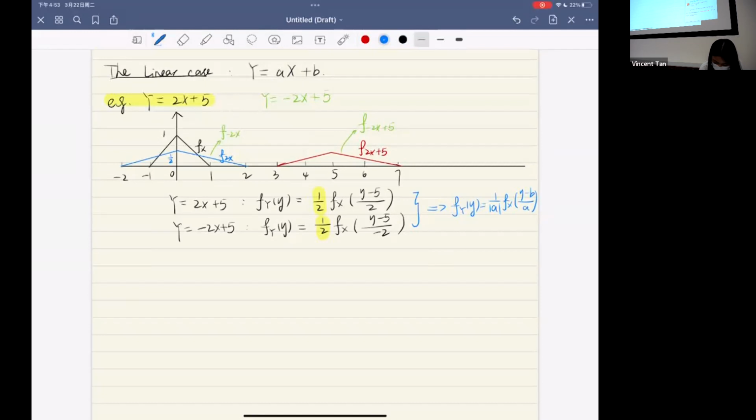We always need to remember that this factor here is positive. And then let's give a simple example.